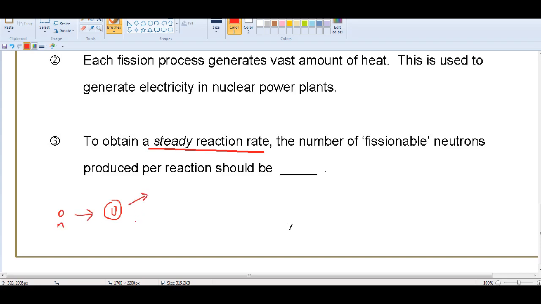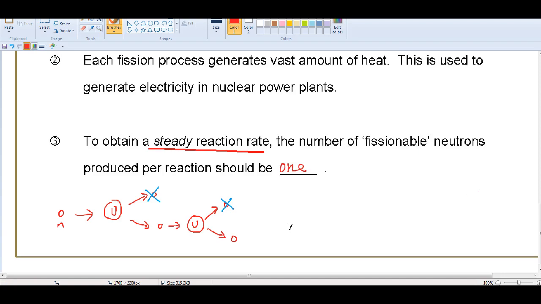So I somehow absorb extra neutrons, so only one neutron can be used to hit another uranium. Every time you absorb the extra neutrons, but you keep at least one neutron available for the next reaction. So the number of fissionable neutrons produced per reaction should be 1.